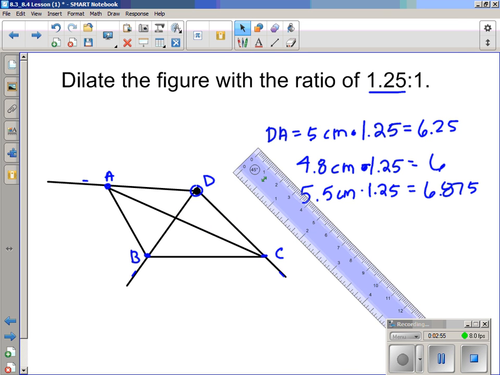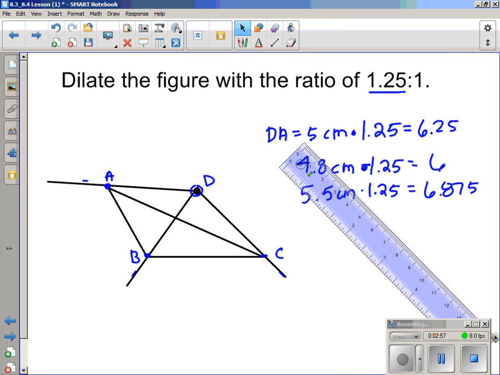All right, so my new triangle now, if I draw it in yellow, is going to be from this new point over to this new point to this new point and all the way down to C. So you would take a straight edge, draw that in, and there's my dilated triangle.